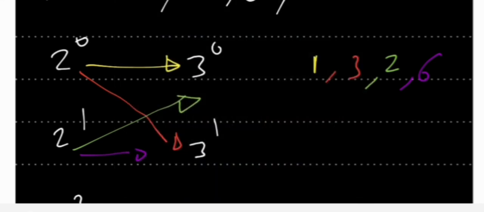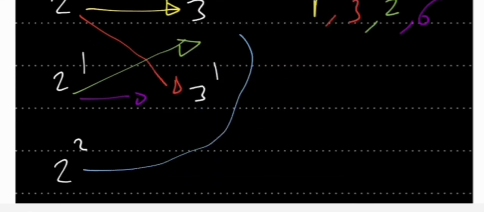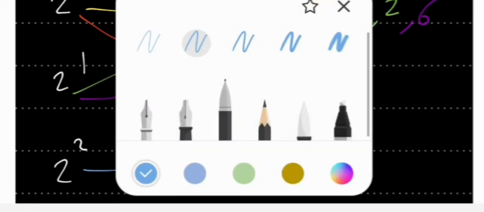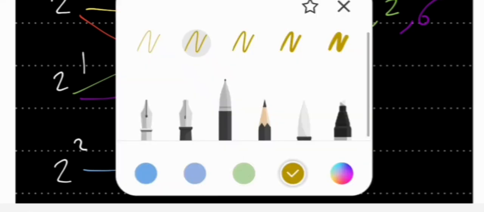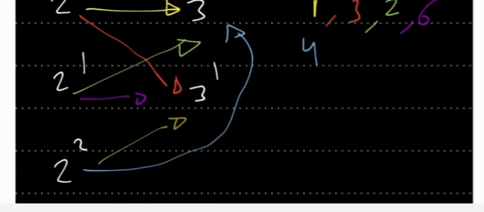So let's use this blue over here. So 2 to the second multiplied by 2 is 4. Let's go with this color. So 2 to the second multiplied by 3 is 12.